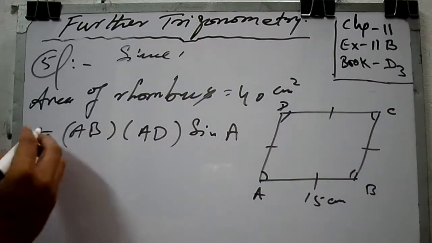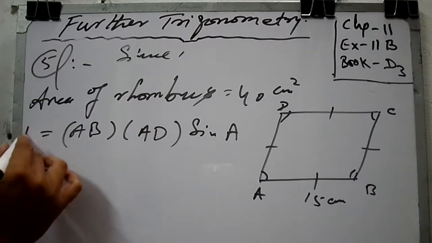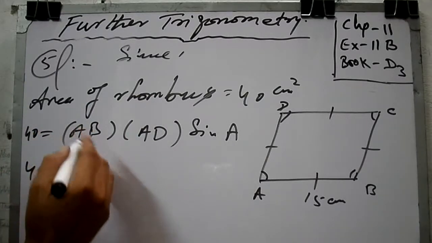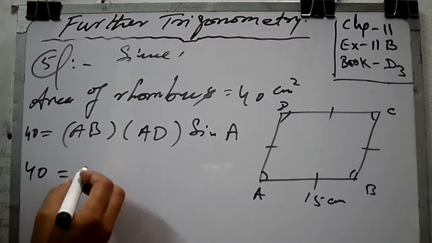Putting the values, that is 40 and the value of AB is 15.